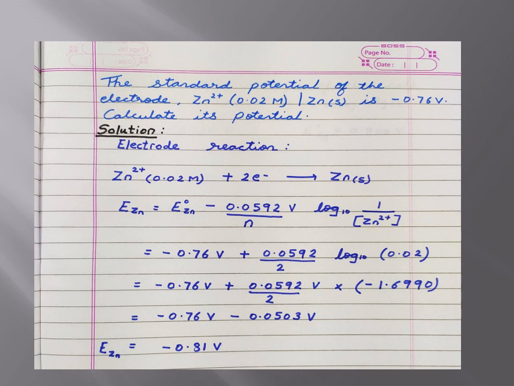Now using the Nernst equation over here, EZn is equal to E0Zn minus 0.0592 volts upon N, where N is the number of moles of electrons used in the reaction. So students, in this reaction 2 electrons are being used, so N will be equal to 2. Log 10 of 1 upon the concentration of zinc ion.